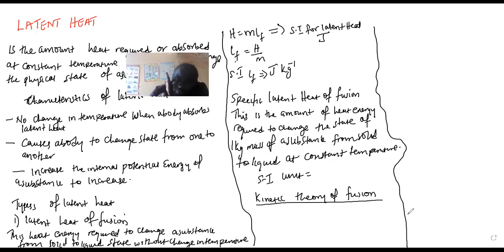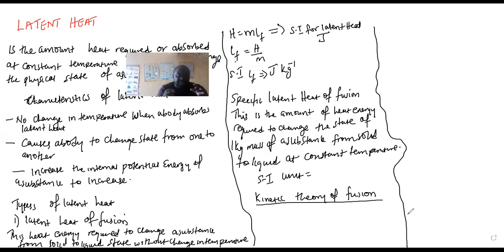That is, if I want this solid to melt and become a liquid, the heat I'm going to apply is going to break the intermolecular forces that define the crystalline structure of this solid substance that we are dealing with. So the molecules move. The molecules which were in fixed positions can now move closer and can also move further apart.